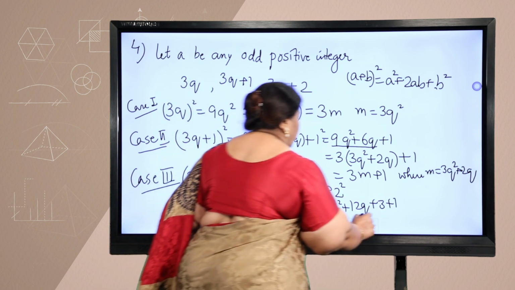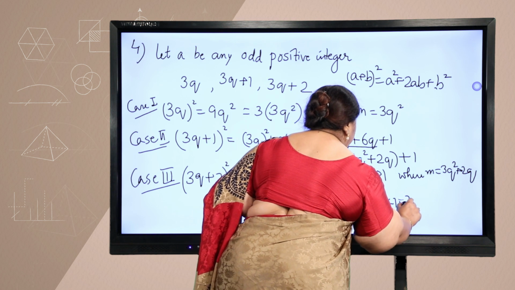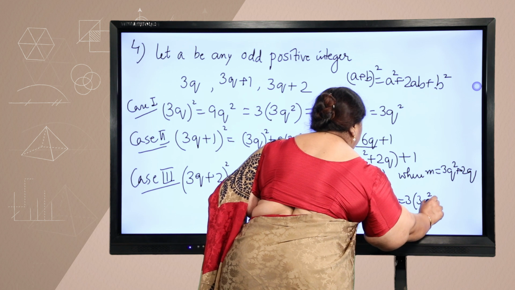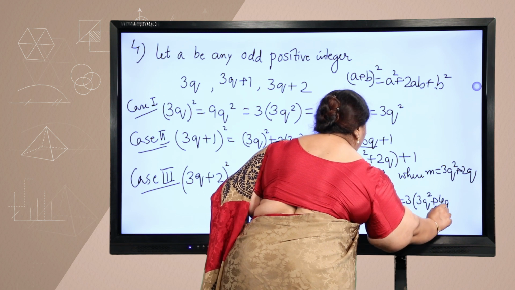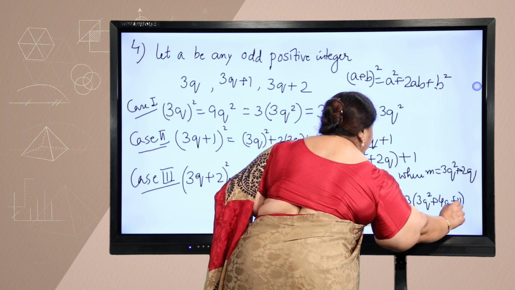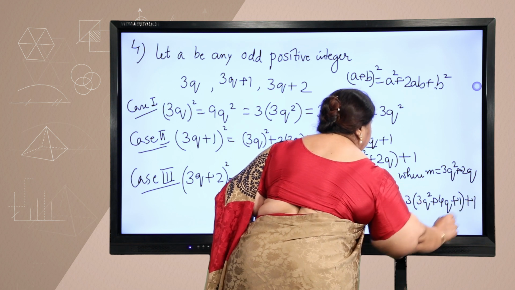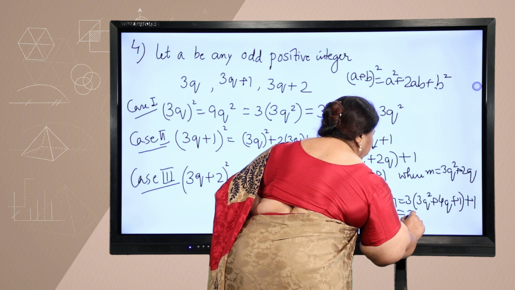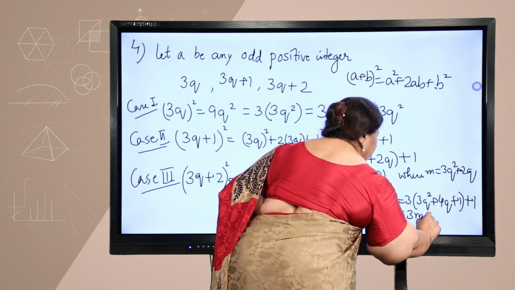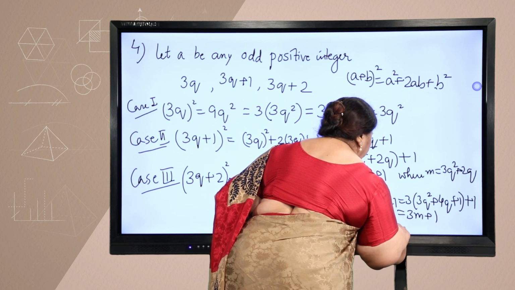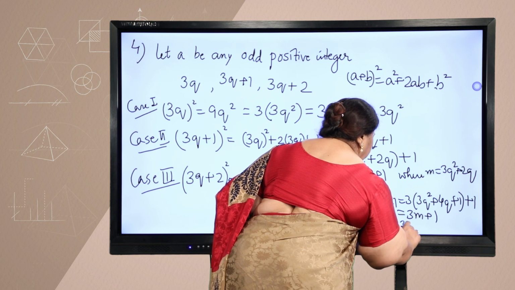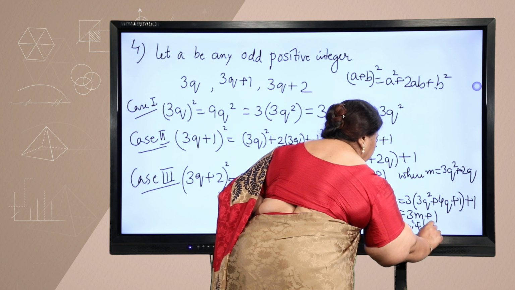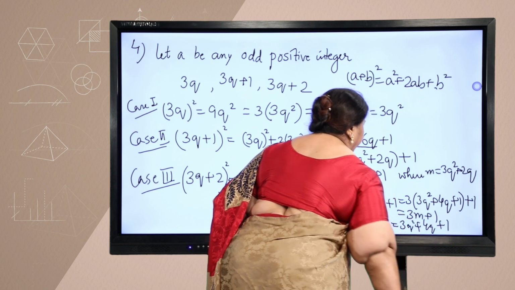If I take 3 common now, I can write it as 3 into (3q square plus 4q plus 1), and plus 1 is again giving us the 3m plus 1 form, where m is equal to 3q square plus 4q plus 1.